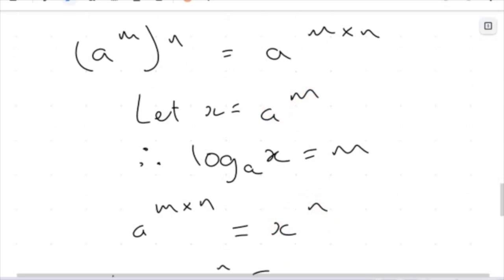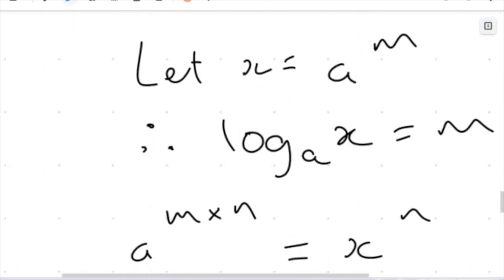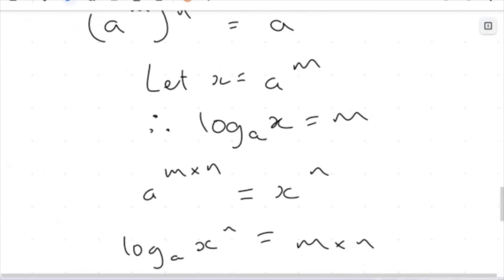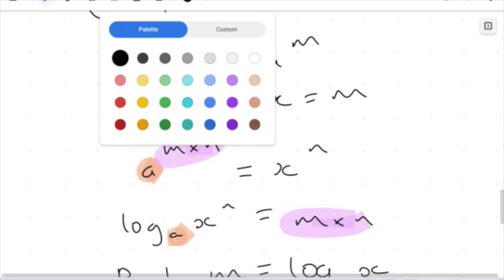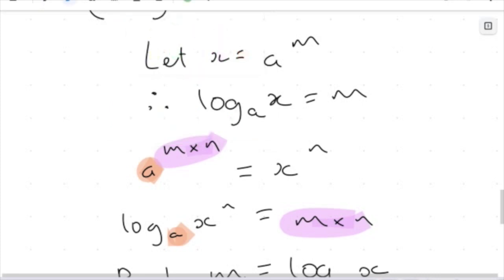Okay, now that I have this, I can write this in log form. So I can say that log to the base a, because that's the base that goes here, to the power of m times n, the power goes on this side, is going to be, I'm going to put that answer over here. So once again, we're just rearranging from exponential form to log form.